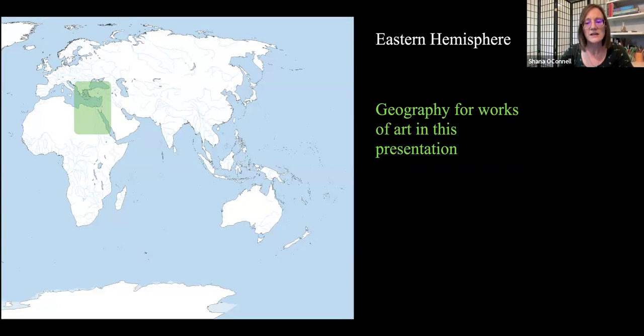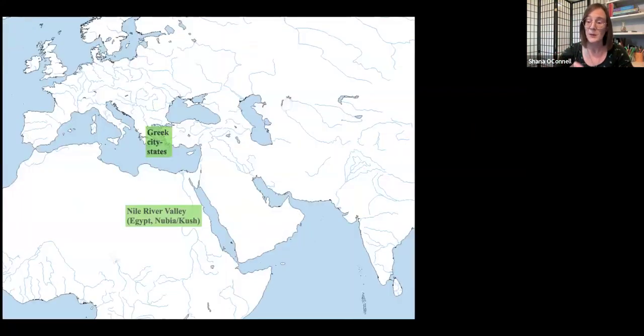The area that you see in green is basically the geographic extent, maybe a little bit more, in the Nile Valley in Africa, of where the art that we look at comes from. It shows you that it's a fairly small part of the African continent. It's also a tiny part of what sticks out of Europe and Asia. So we're really focusing on the Eastern Mediterranean.